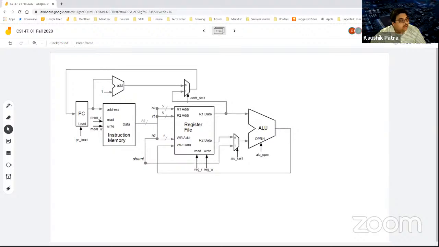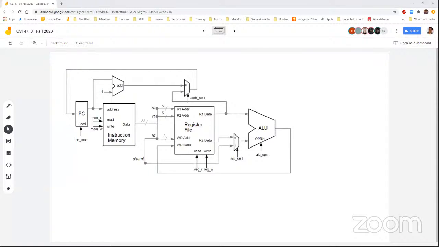That's why I picked a very simple R-type data path, without the complexity of I-type or J-type combined together into a very complex data path. Let's keep it simple, and that will probably serve the purpose of understanding what needs to be done. Let's say this data path will be used to construct some arithmetic instruction, for example this one, say 17.